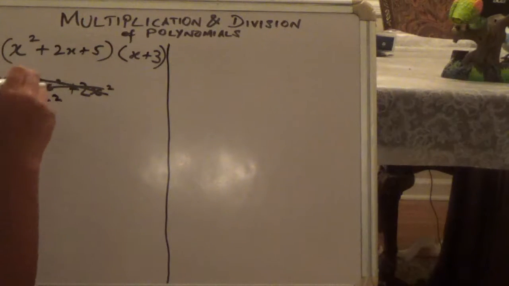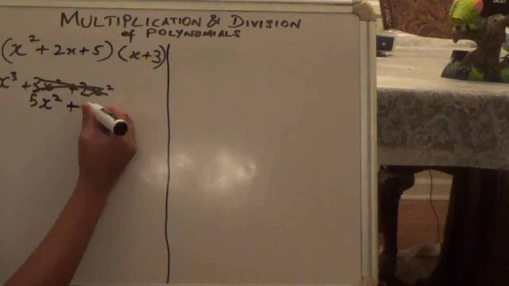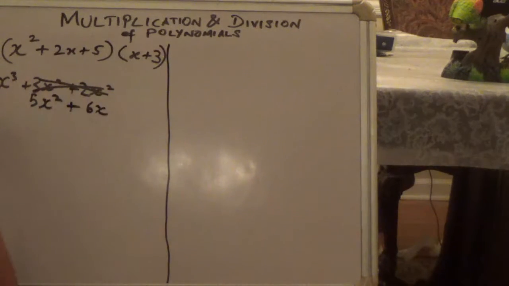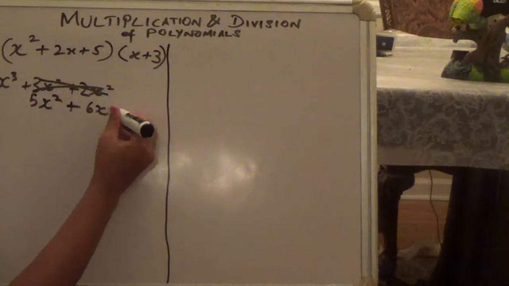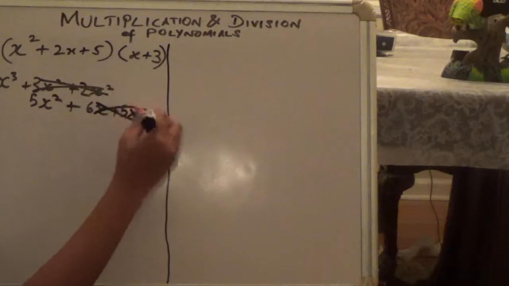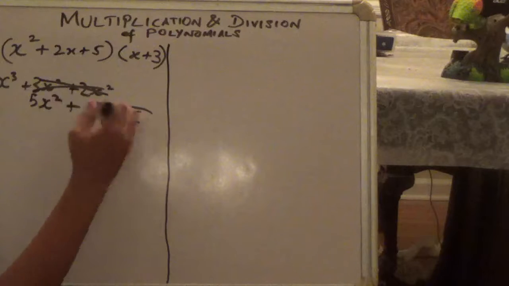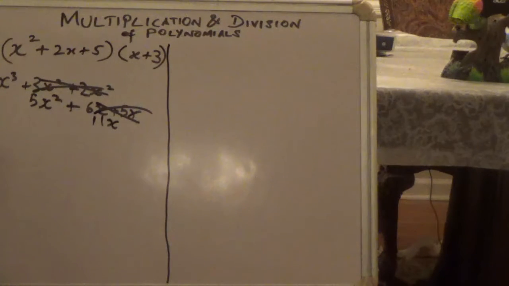Then 2x times 3 is 6x. And 5 times x is 5x. So 6x plus 5x, you can cross that out and say plus 11x, right? So that's all good.